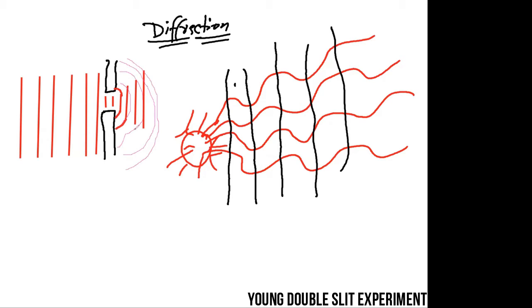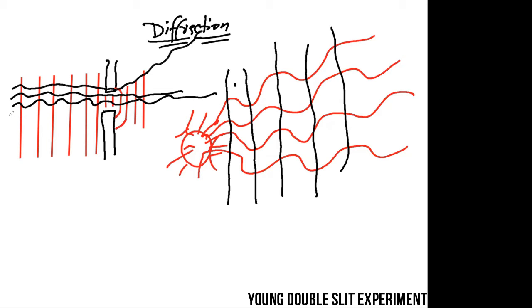Actually, the light waves over here will go straight, but waves over here will bend like this. So I will get a wave front, and that wave front will be like this.